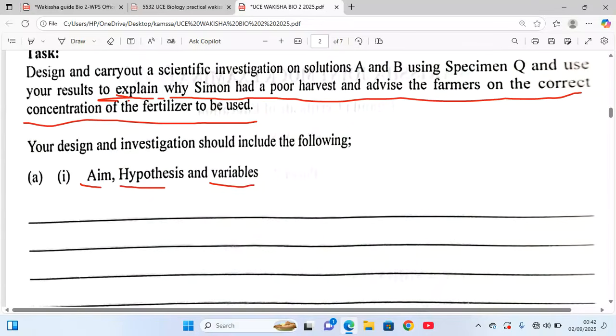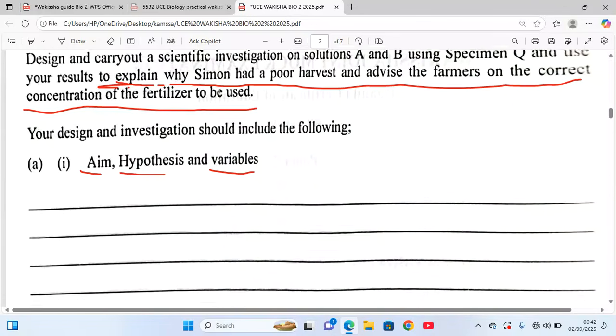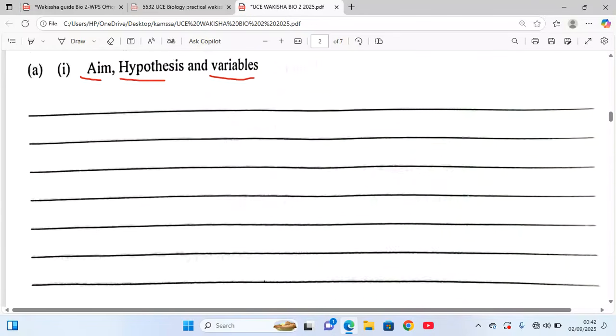Design and carry out a scientific investigation on solutions A and B, using specimen Q, and use your results to explain why Simon had a poor harvest and advise the farmers on the correct concentration of the fertilizer to be used. We are producing the aim, the hypothesis and variables.